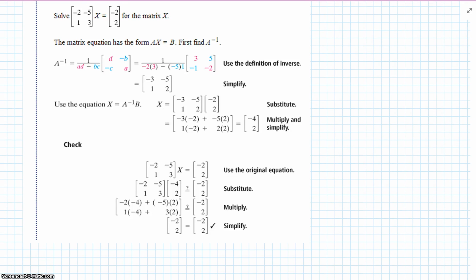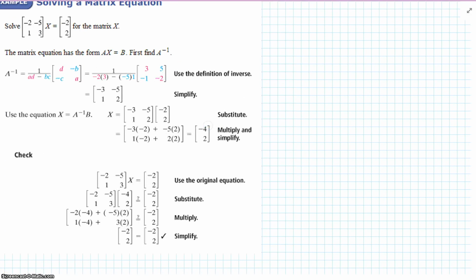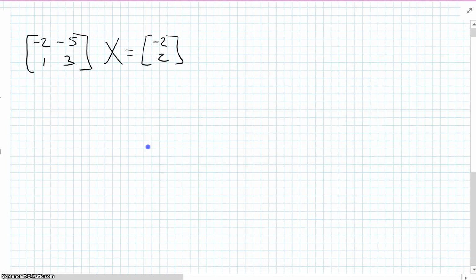So our first example is to solve this matrix equation. I'm going to write it over to the left: negative 2, negative 5, 1, 3 times matrix X equals negative 2, 2.